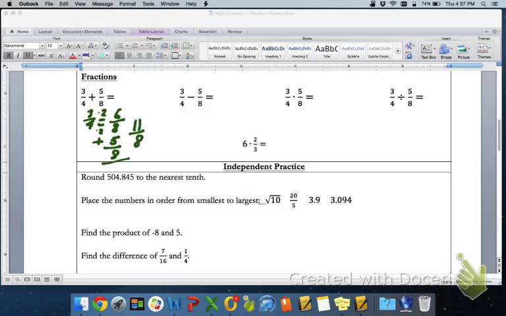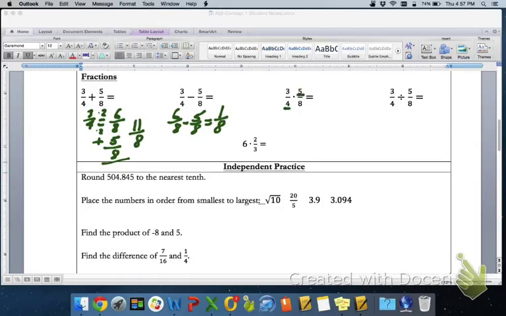Subtracting, same thing. We've already got common denominators, so 6/8 minus 5/8 is going to give us 1/8 for a final answer there. Now, when we multiply fractions, we don't need common denominators. But what we do want to do is look at the numbers across from each other.